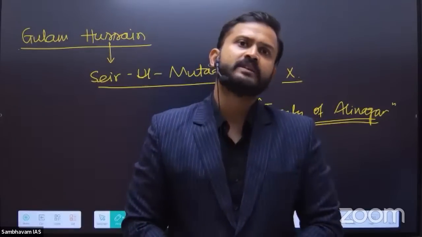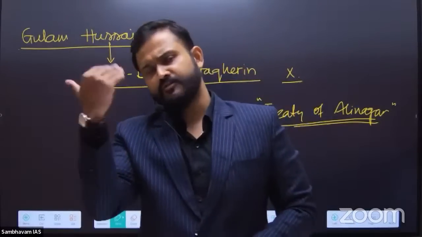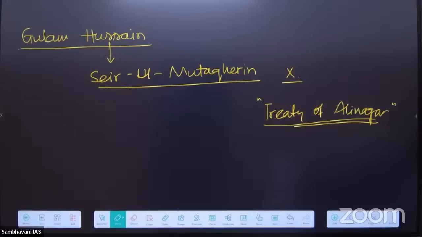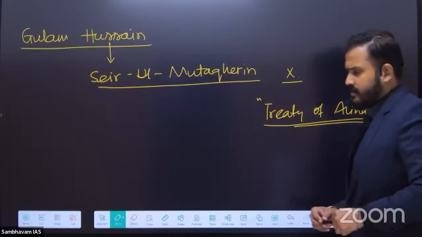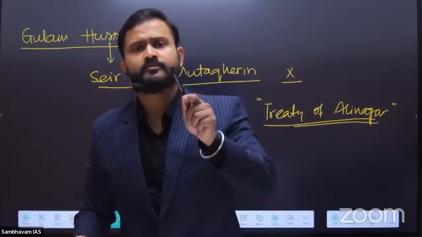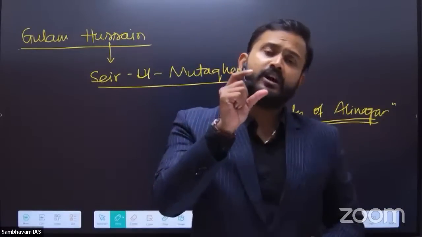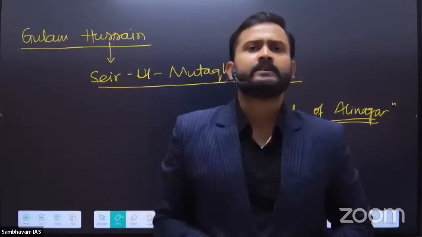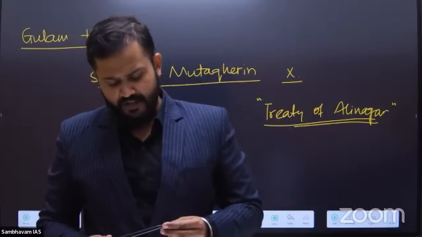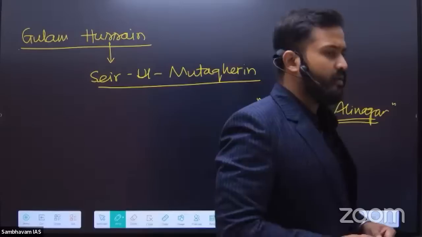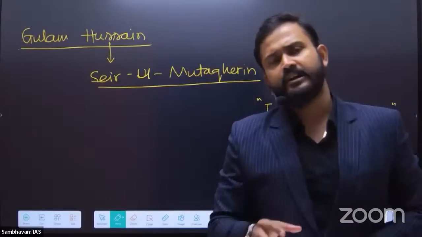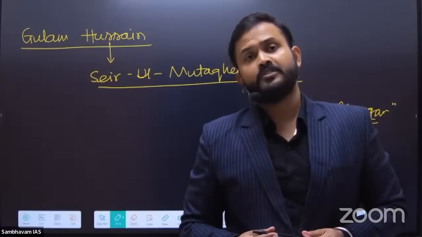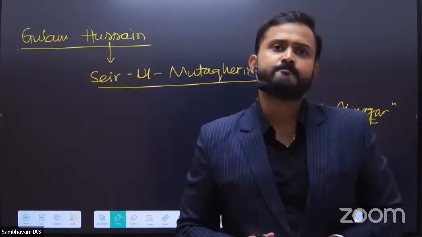The insult at Alinagar. Alinagar is basically the renamed Calcutta. Alivardi Khan was the grandfather of Siraj-ud-Daulah. He renamed Calcutta, and that is Alinagar basically. The insult at the Treaty of Alinagar was remembered by Siraj.